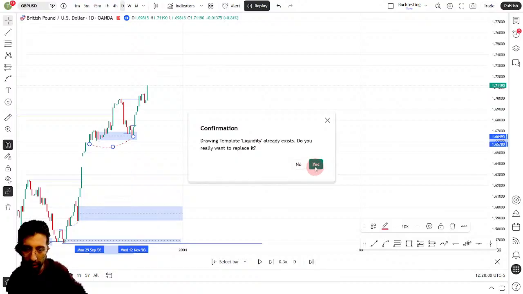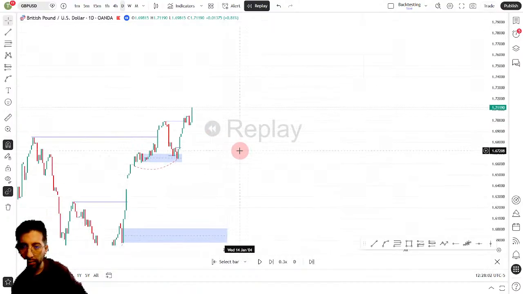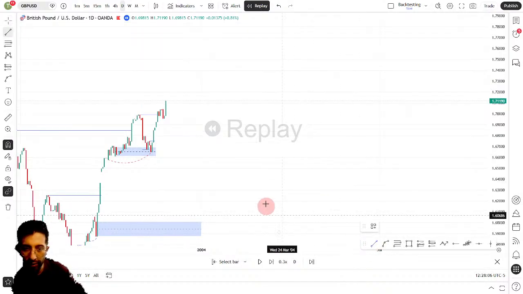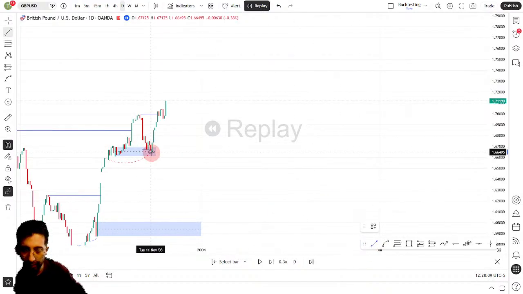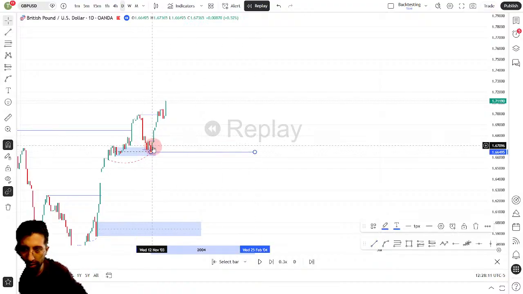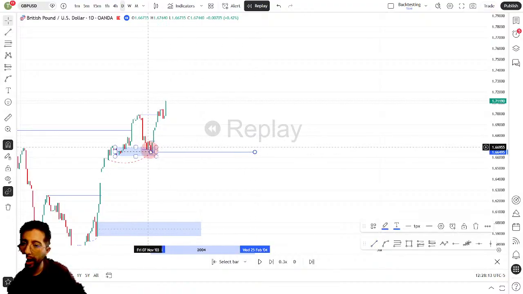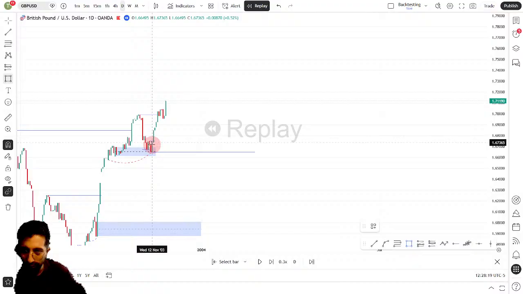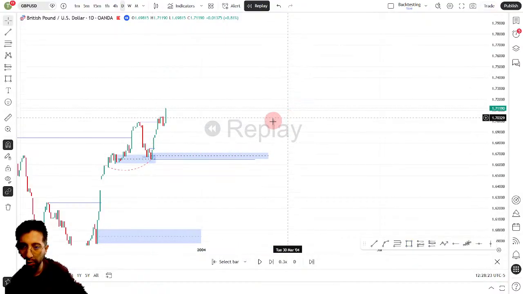Yeah, I want to replace it. Yes, good. Even though we know there is a lot of liquidity right here, I won't consider this as our extreme of movement creator unless there is a lot of liquidity prior to this order block. In that case, I would do it, but so far, no.